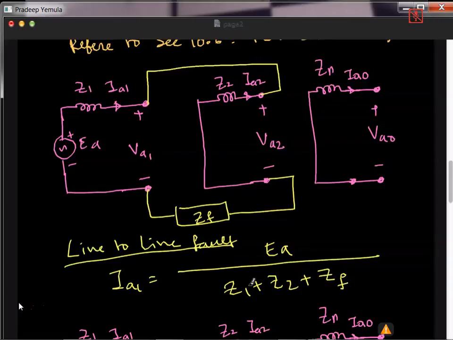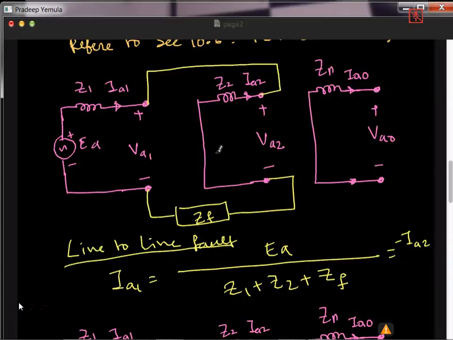Then I get IA1, and IA2 is nothing but minus of IA1. Once I know IA1, IA2, and IA0 is 0, I can find out IA, IB, IC easily. We'll see an example problem based on this.